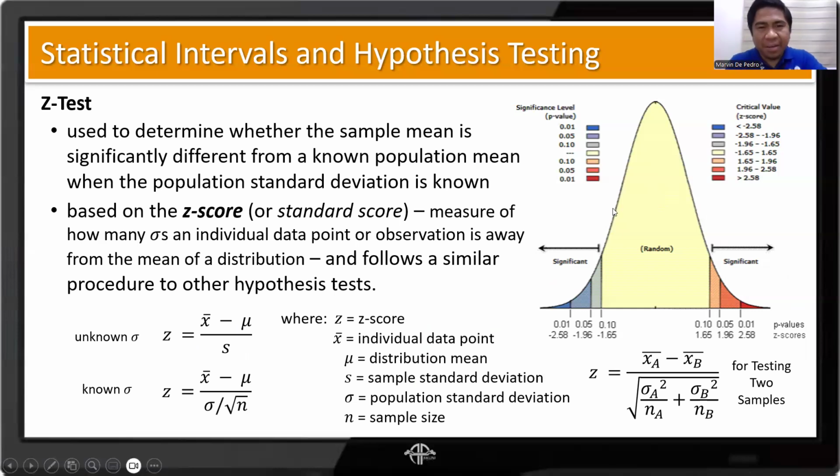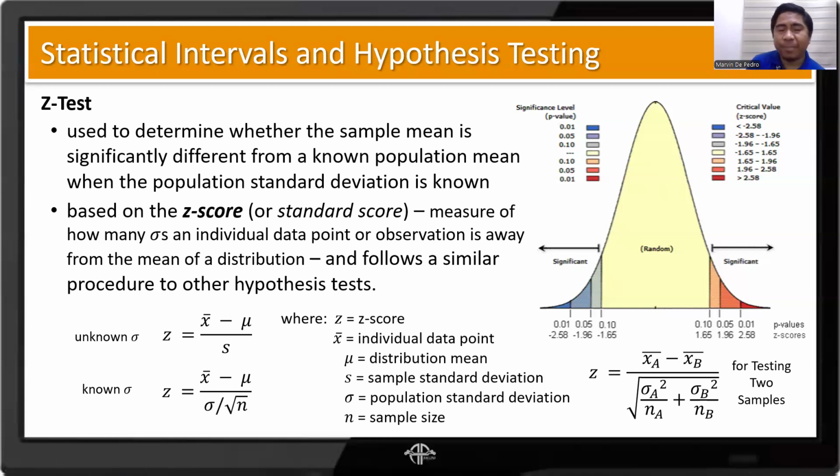If the standard deviation is known, we use this formula. Just divide by S. But if we don't have the S, then we use the population standard deviation divided by the square root of n, or the sample size.